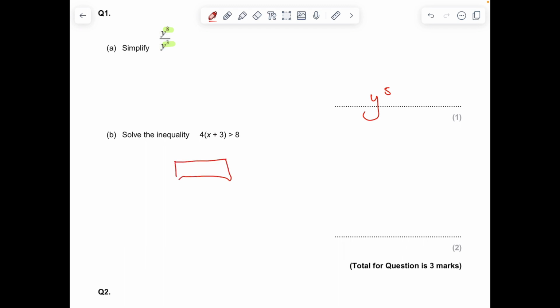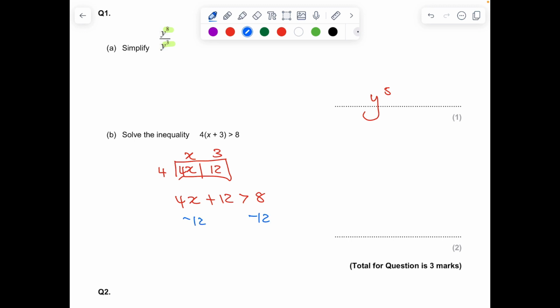You can expand the brackets, so do the grid 4 times x plus 3, which gives you 4x plus 12. So 4x plus 12 is greater than 8. We're going to take away 12 from both sides to give you that 4x. So we've got rid of the plus 12 by taking away 12.